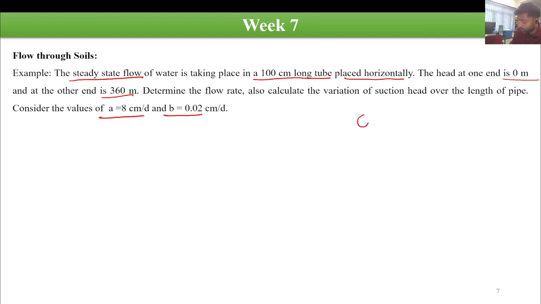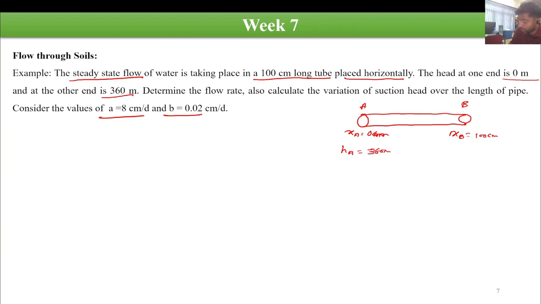So here a pipe is provided where steady state flow is taking place. Let's say this side is A, this side is B. X is considered as 0 meter at this side, and at the other side XB is equal to the length of the pipe, 100 centimeter. Then we have the head HA equal to 360 meter.